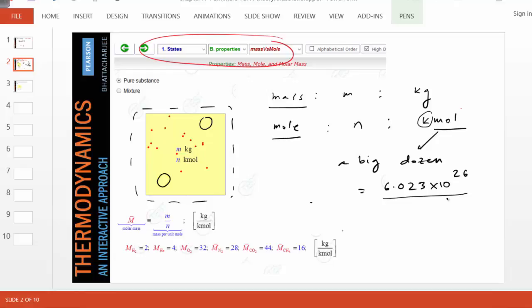Likewise, when we say oxygen, we mean oxygen molecule, not oxygen atom, because that's the smallest unit of oxygen gas. We breathe oxygen, we cannot live without oxygen. But if you break the oxygen molecule, it will become oxygen atoms. And oxygen atoms are very corrosive. In fact, it will kill us in no time.